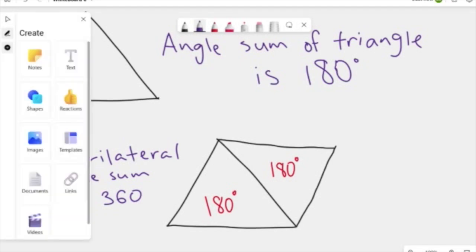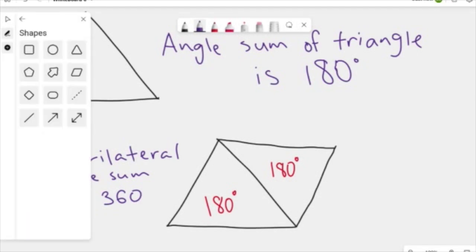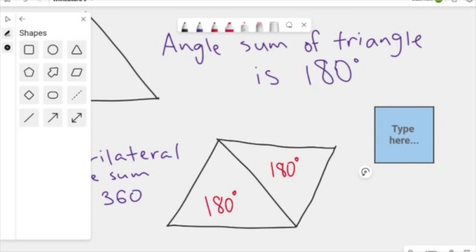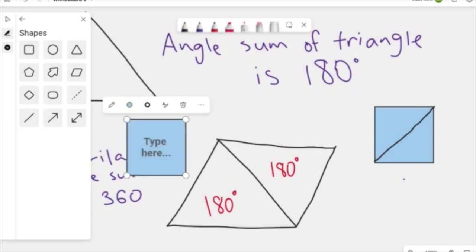I'm just going to insert a couple of shapes here just to show you. So let's go with our square. A square is comprised, once again, of two triangles, drawing from one corner to the other. Same with a rectangle.